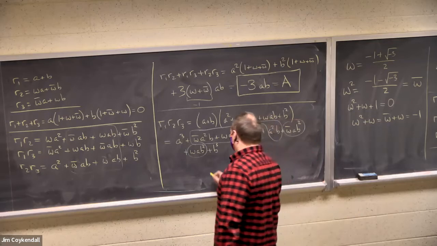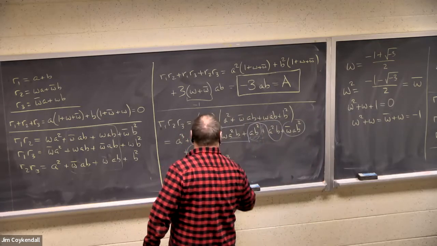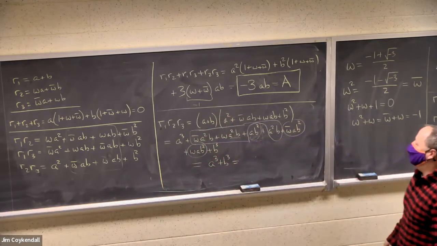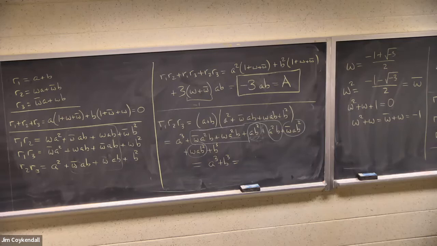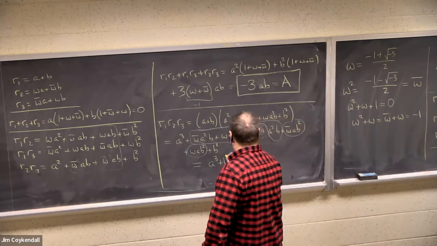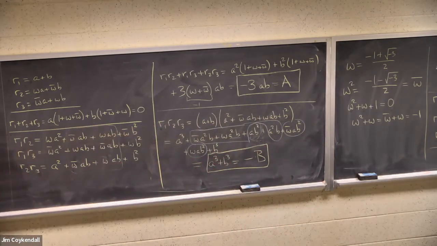So this is the much more harmless looking A cubed plus B cubed. And what does this equal? Almost. It's actually negative B, I think. Right, because negative this is equal to B, so R1, R2, R3 is negative.